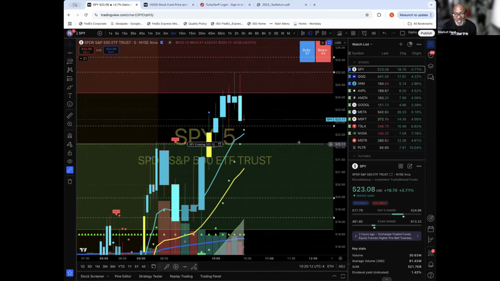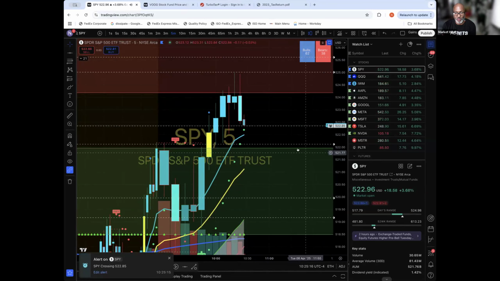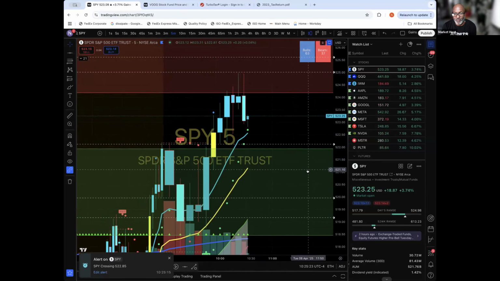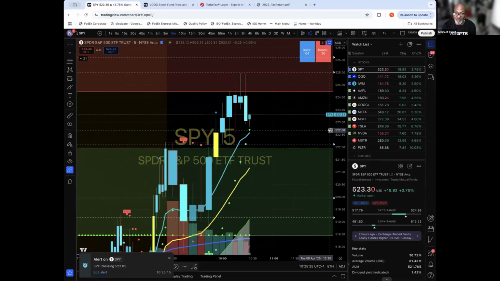Because this was the top of support. So it broke that. Now guess where it's going? Right here, 522.12. Well, actually, it may have rejected. All right, so let's set it back.